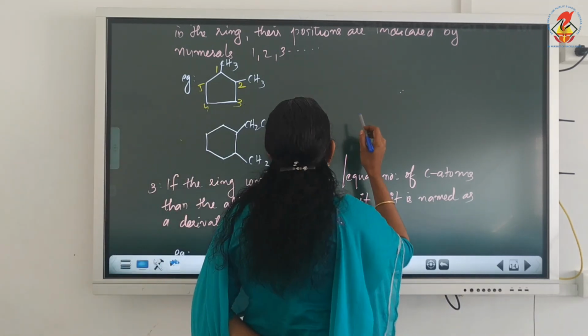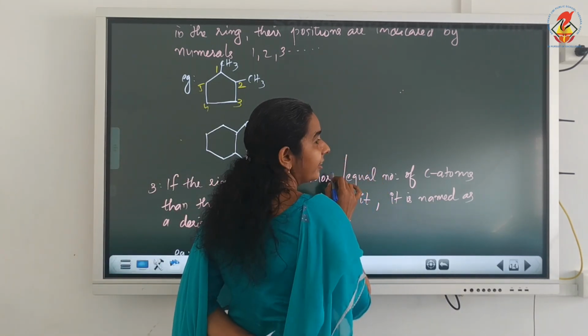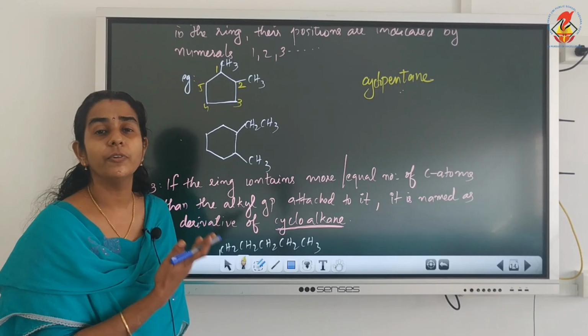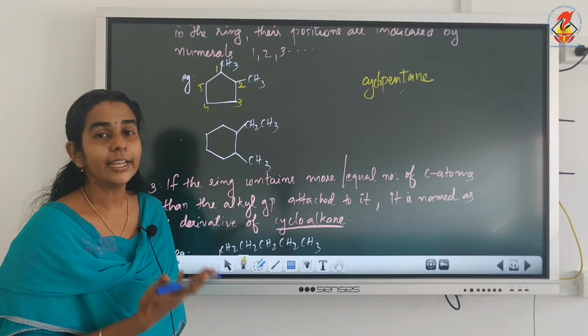It is a 5 carbon containing ring, so it is pent. They are singly bonded, so the primary suffix will be ane. Now the alicyclic compound structure, we get by adding the prefix cyclo, so it is cyclopentane. No need to write like this. From the structure it is very clear because we have already studied that it is a cyclopentane ring.